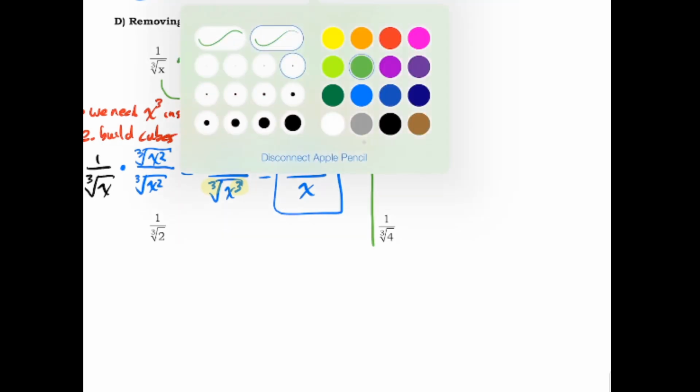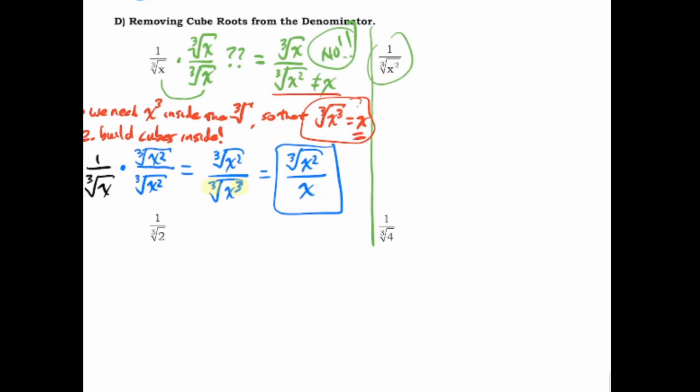Let's look back at this one. I've already got x squared. What I need is x cubed. Well, what do you have to multiply x squared by to get x cubed? Just x. And so that's what I need to multiply top and bottom by, is just cube root of x. On the top, I have cube root of x.